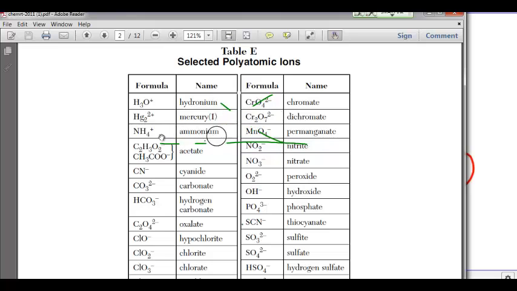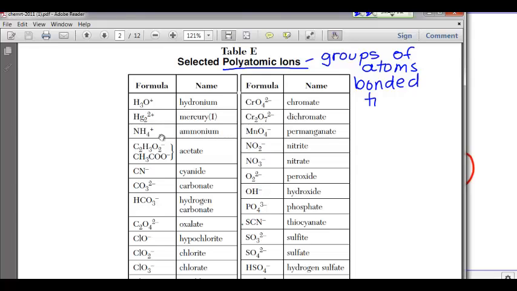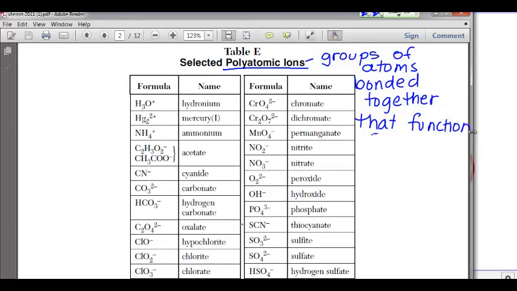Here's table E. What a polyatomic ion is, what these things are, groups of atoms bonded together with an overall charge that function as a unit. And since they're ions, they have an overall charge. Their charges don't equal 0.